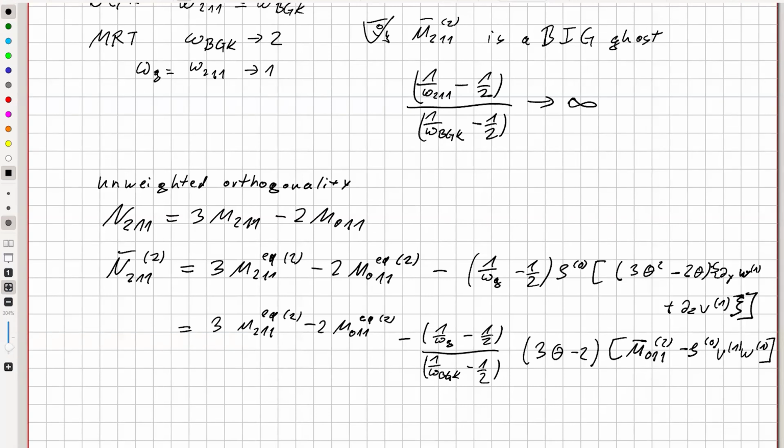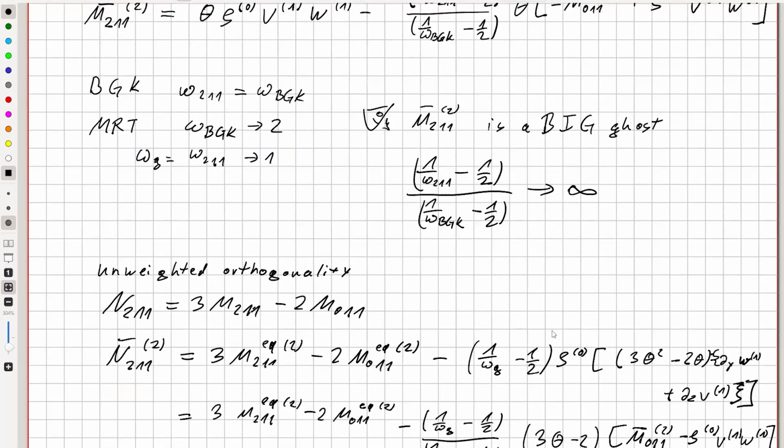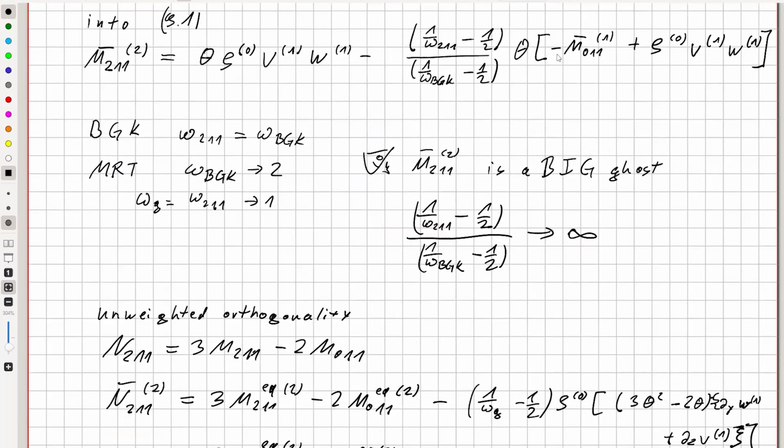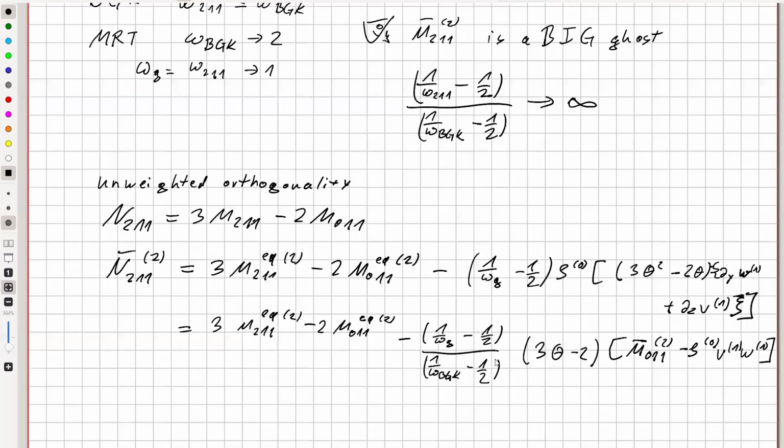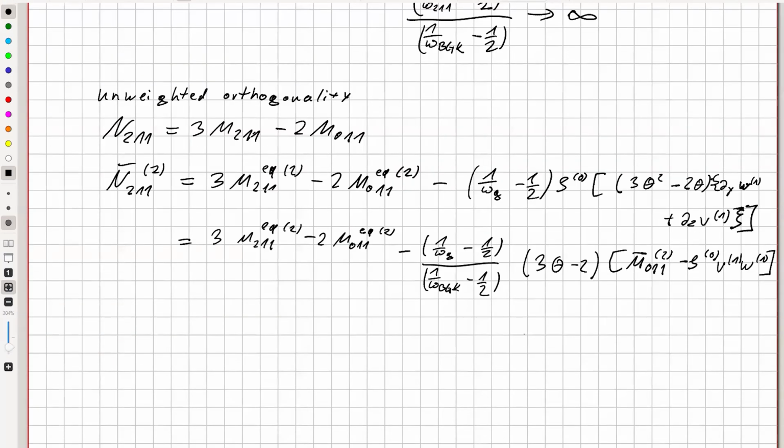So what did change? Indeed, something changed: the sign. We had the minus sign here, and we have a plus sign here. But the original problem still remains.